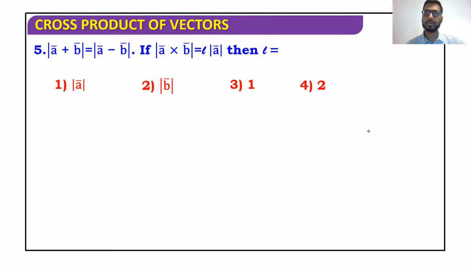I want to find value of a cross b. Value of a cross b is magnitude of a into magnitude of b into sine of theta. We have already found out theta, which is 90. Therefore, sine 90 would be 1. Therefore, answer is magnitude a into magnitude b. Comparing, my answer is going to be equal to magnitude of b.